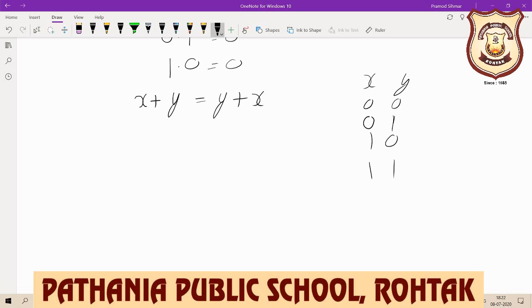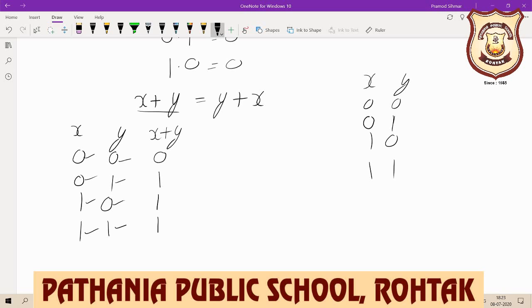So now we need x plus y. Let's start. You write down here x, y: 0, 0, 1, 1, 0, 1, 0, 1. Now we need x plus y. 0 plus 0 is always 0. 0 plus 1 is 1. 1 plus 0 is again 1, and 1 plus 1 is always 1.